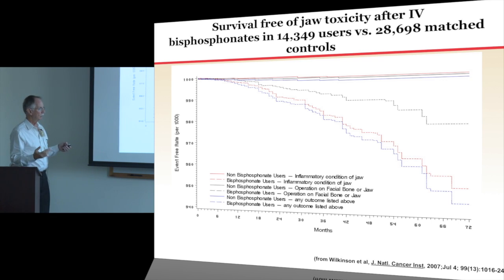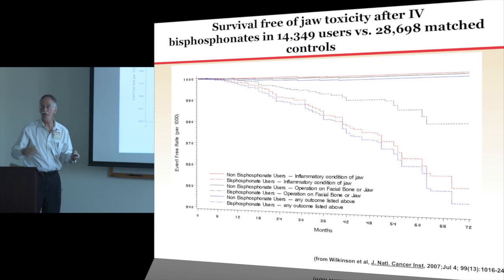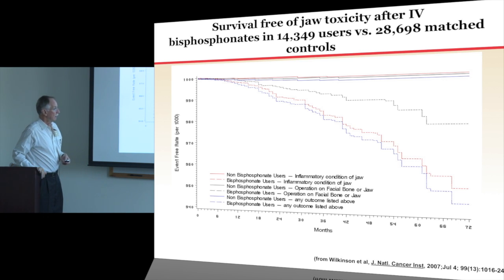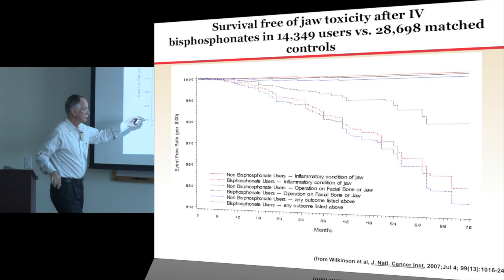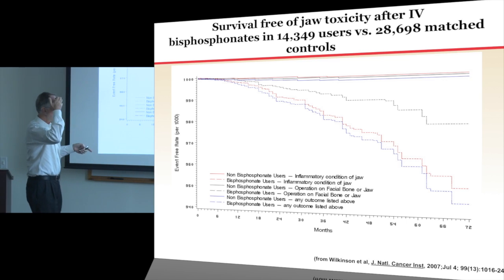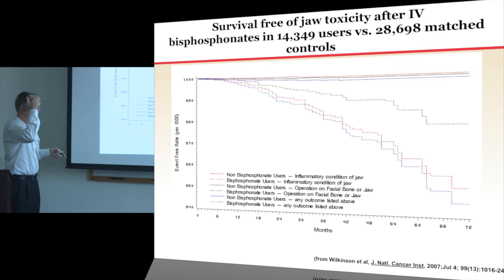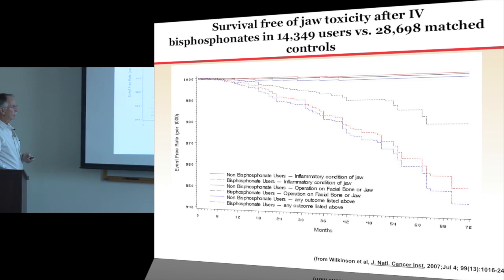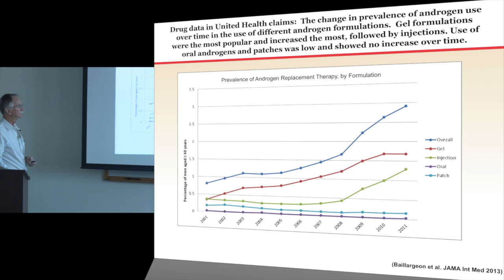What we didn't know was how much you had to give, and so there were women getting monthly IV bisphosphonate injections, and then it turned out that there was a fairly, actually, this is not a small risk. This is over a 6-year period, and many of these women weren't living 6 years because they had metastatic breast cancer, but still you can see it's a rather substantial risk associated with IV bisphosphonate use of having osteonecrosis of the jaw.